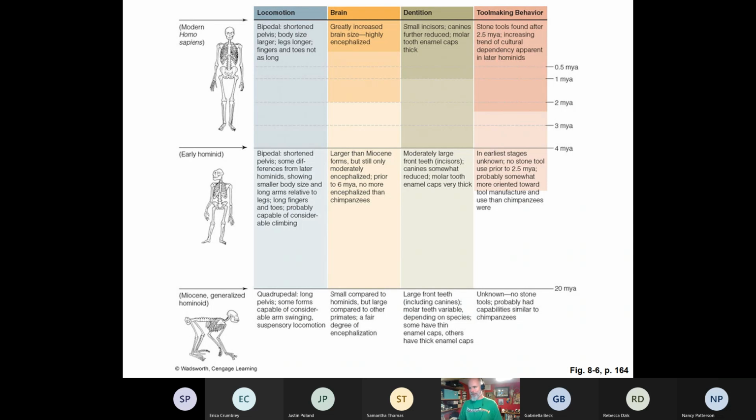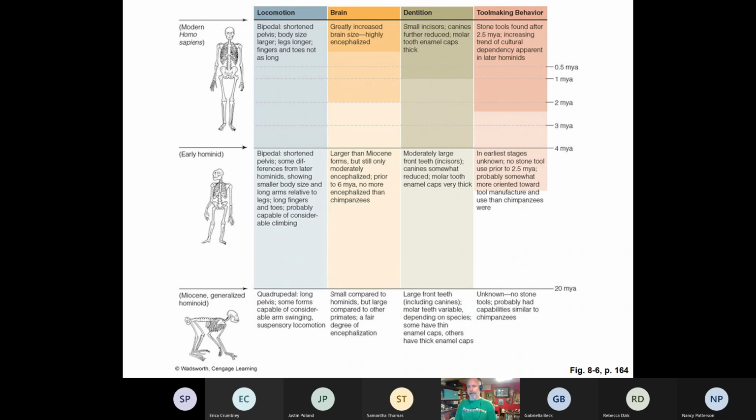So what we're tracking here are 3 different elements: locomotion, the brain, and our mouth, our teeth, the dentition. And as we saw, the first thing that was established in that evolutionary pathway for hominins is bipedalism, the locomotion part.